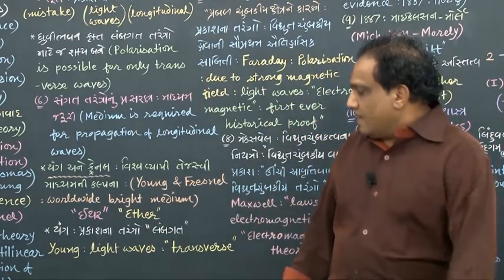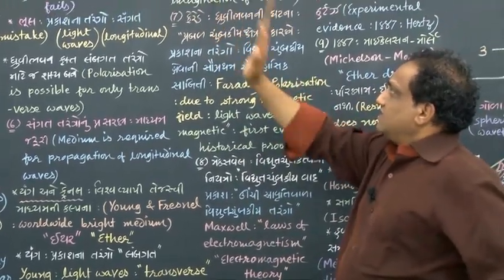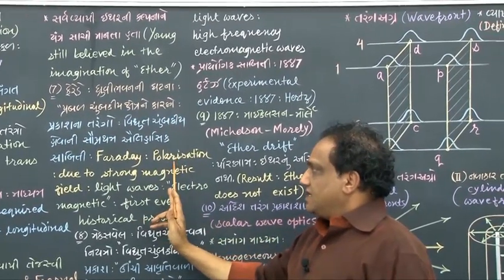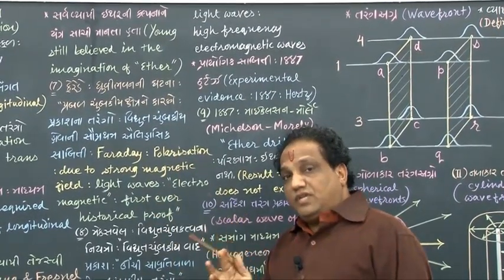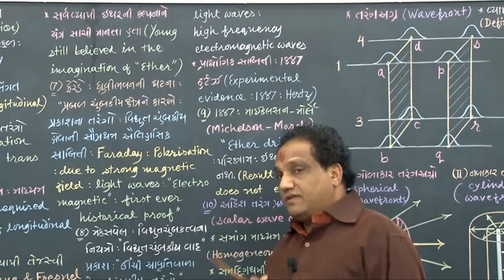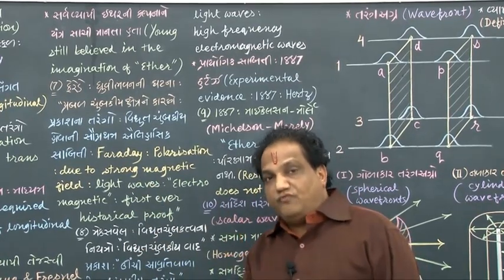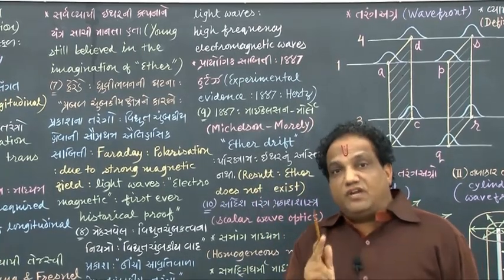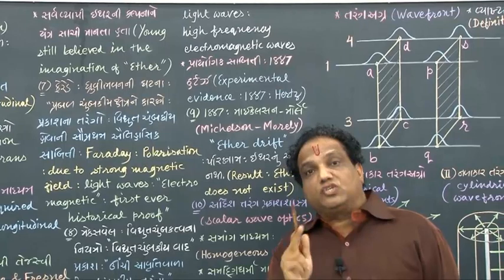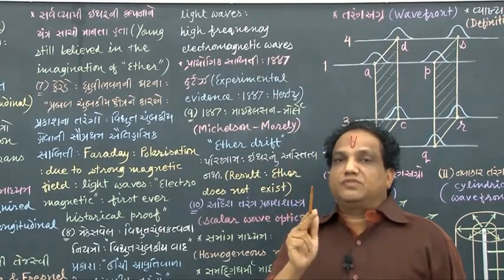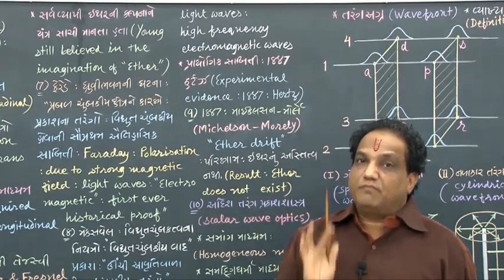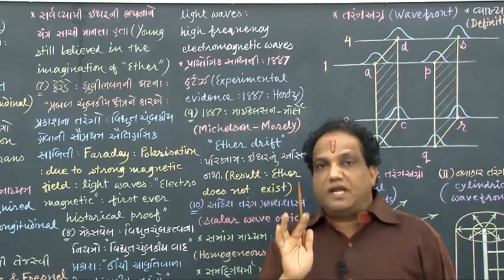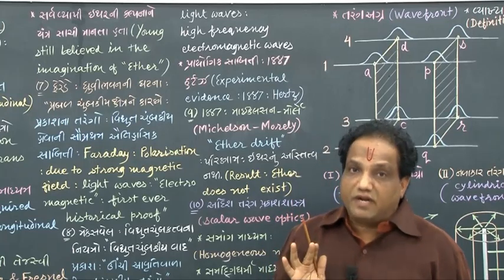Fine. Now history says that this polarization was proved by Mr. Michael Faraday to be due to a very strong magnetic field in the light waves. So light waves were assumed to be electromagnetic, and that assumption was first made by Mr. Michael Faraday. Historically, he had made this assumption first, that light waves perhaps may be electromagnetic.